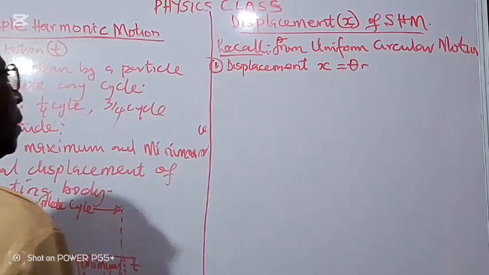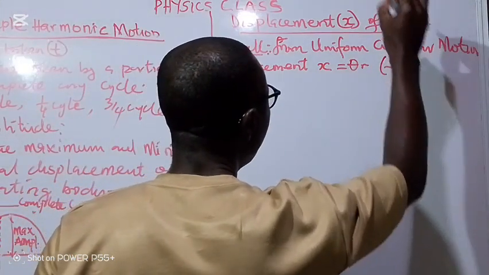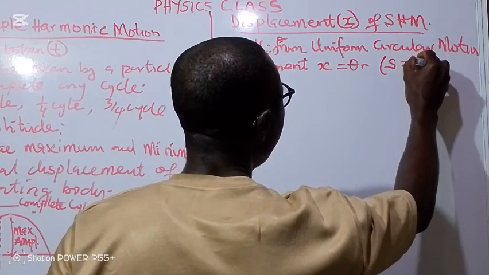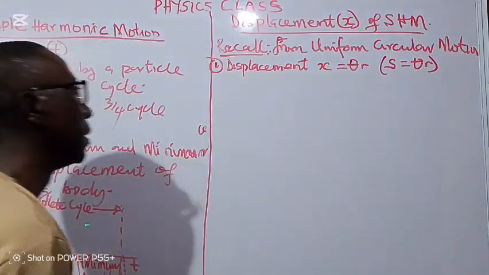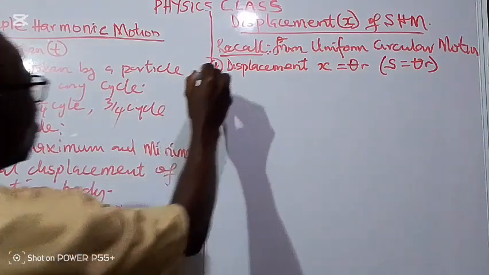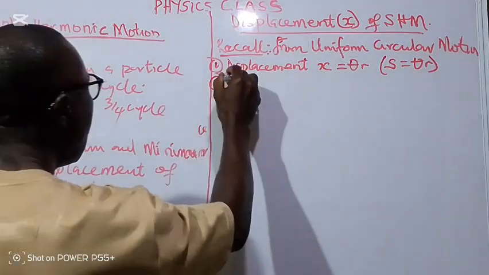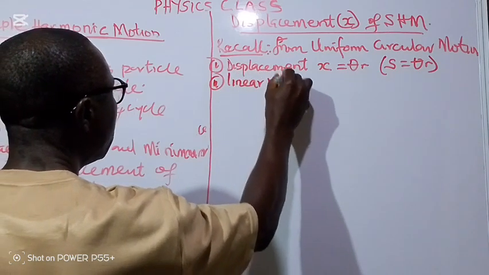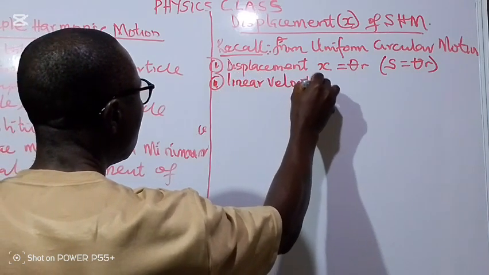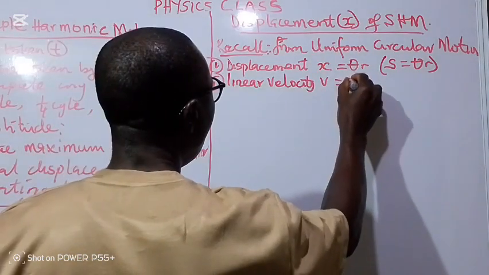Don't forget, by then I used s as displacement. That is, s is equal to theta r. Also number 2, linear velocity: v is equal to omega r.